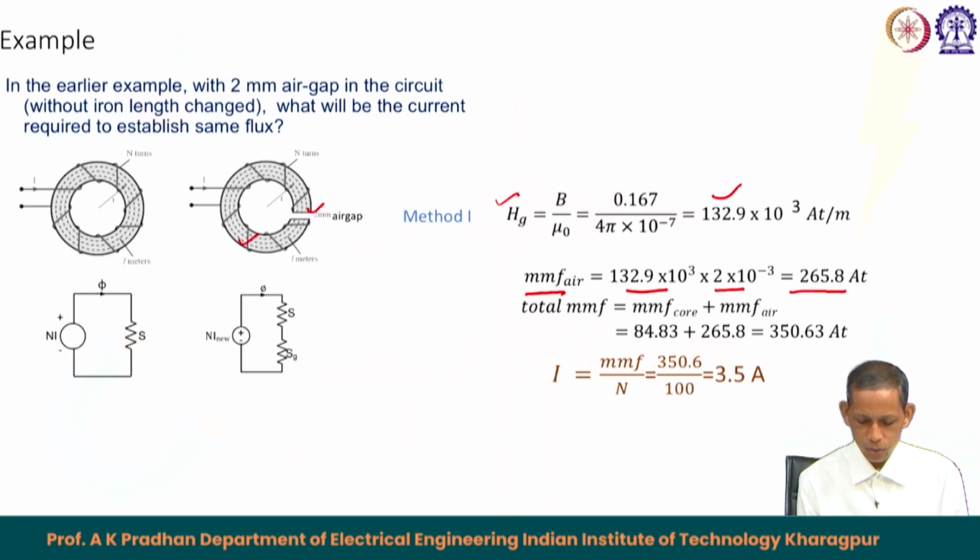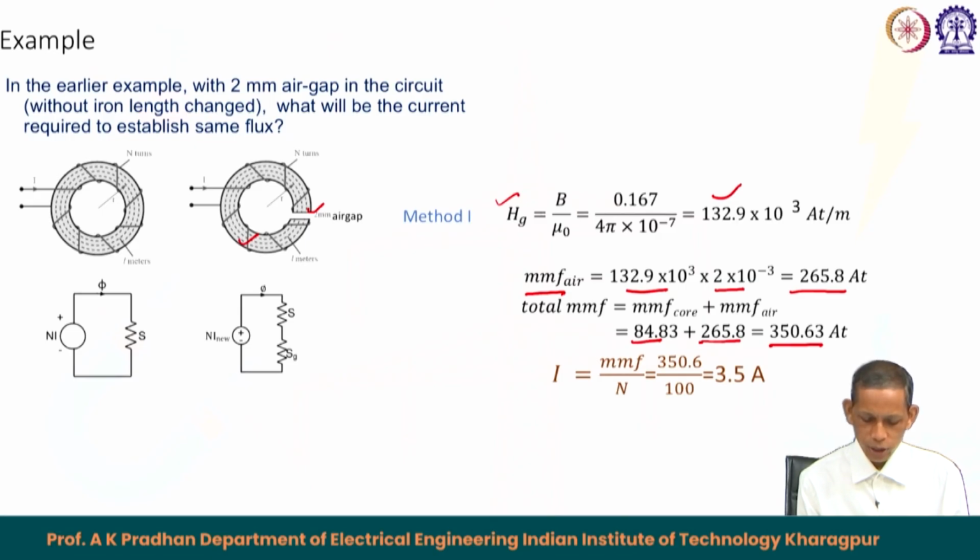becomes 350.63 ampere turn. So, we see here that the ampere turn required for the air gap is much higher than that of the core. So, a small gap of 2 mm, still the corresponding ampere turn is significant, because the mu r value of the core reduces the corresponding reluctance.